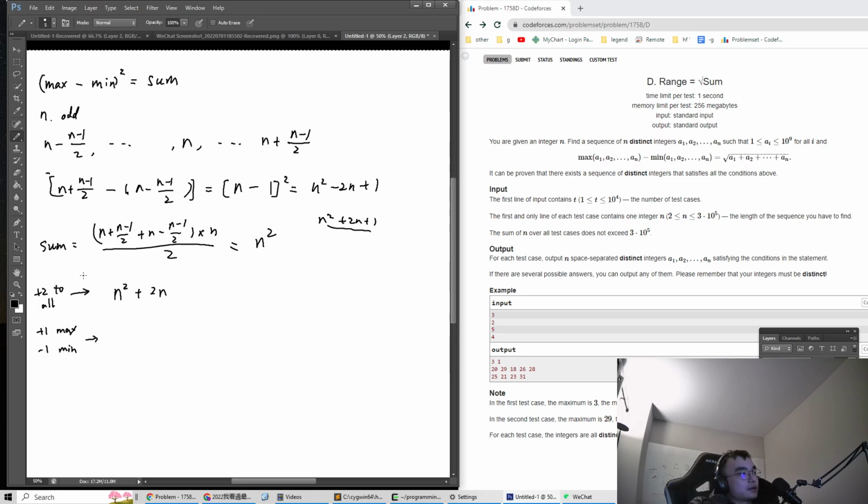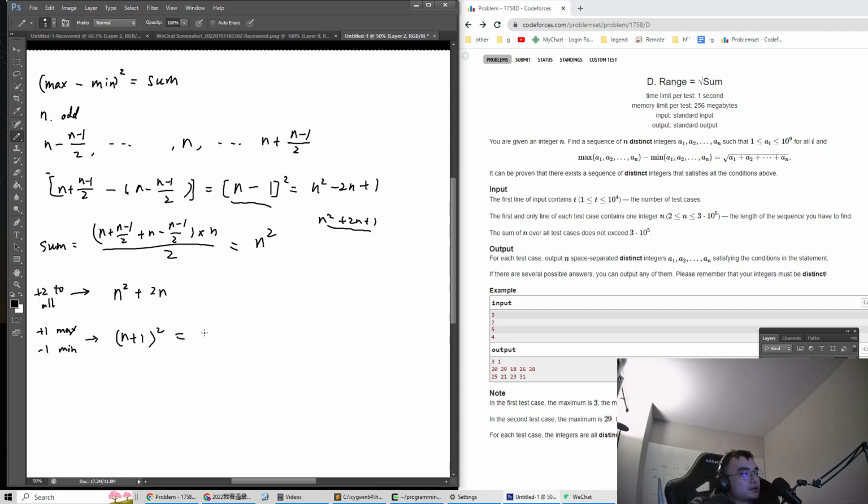So since we add 1 to the maximum and minus 1 to the minimum, the sum will stay the same. And the maximum minus minimum will increase by 2. So the left side will become n plus 1, right?